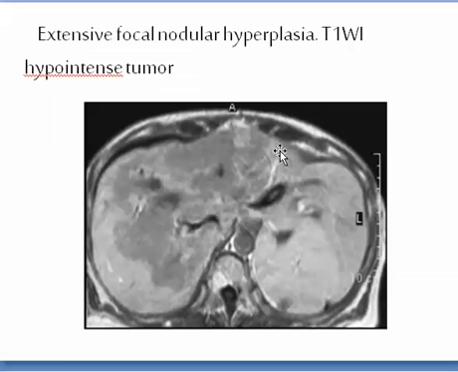Here we have a very large mass lesion seen as hypointensity in the MRI in T1 weighted images. Focal nodular hyperplasia with dense scar inside.